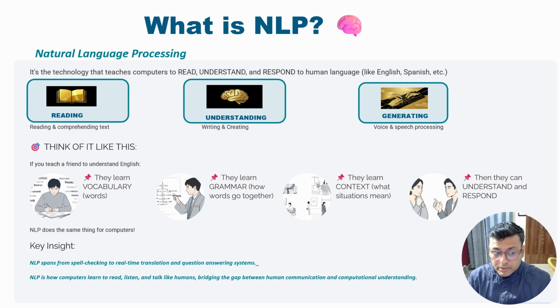That is what you see in this pictorial. The first step in the process of natural language processing is that, like humans, it reads and comprehends the text you provide to the algorithms. It can understand, create, and write content based on what you provide, and then it can generate a text output, or, based on the requirement, it can create voice and speech outputs as well.